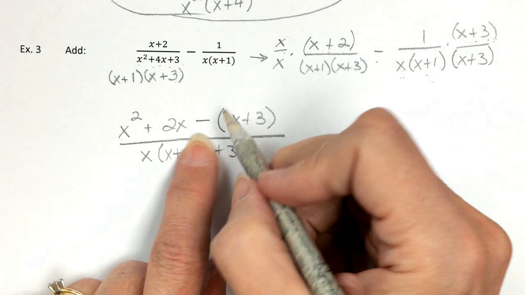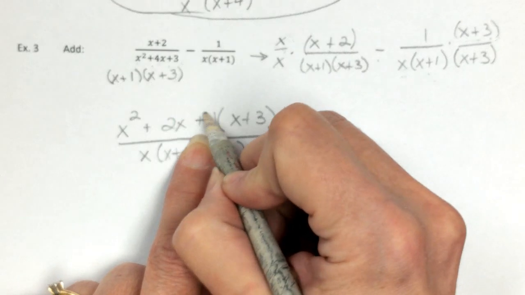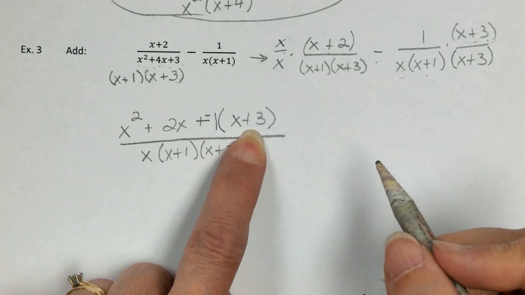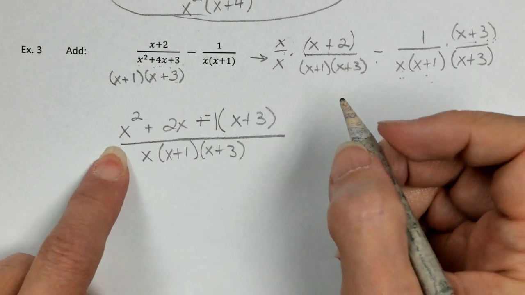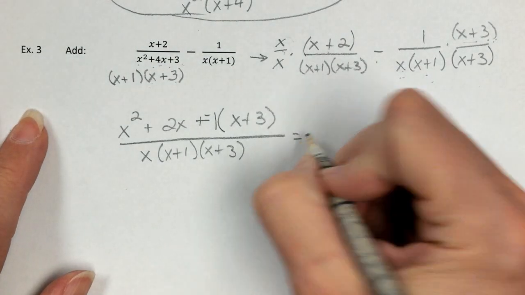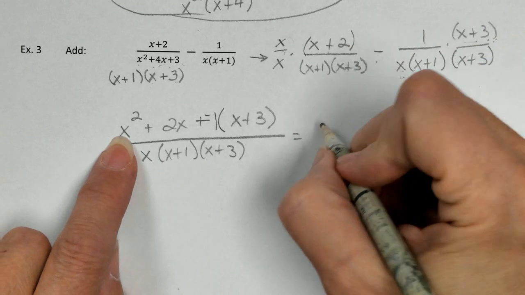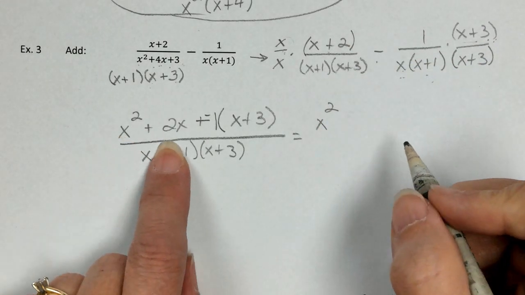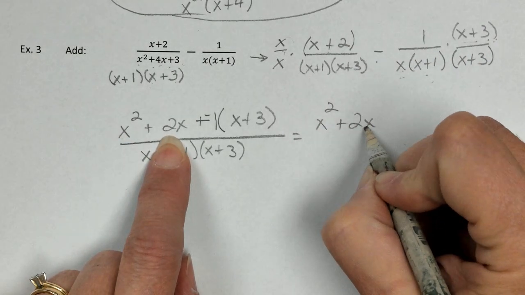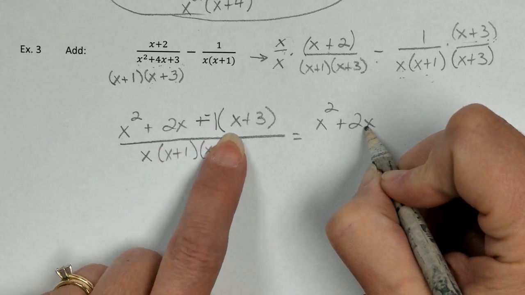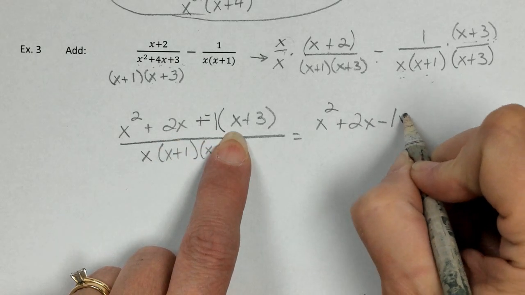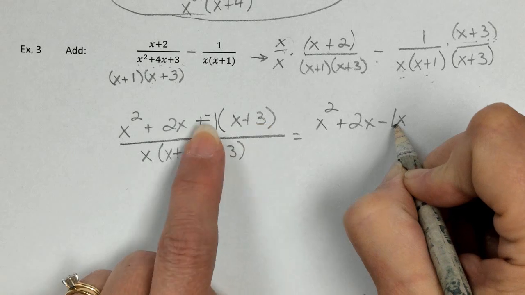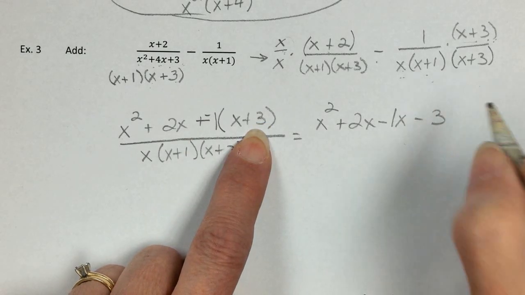And now, this is basically a negative 1 that we are distributing here. So this is equivalent to x squared plus 2x minus 1x minus 3, because I have negative 1 times a positive 3.